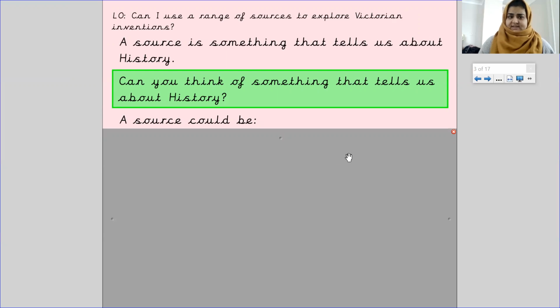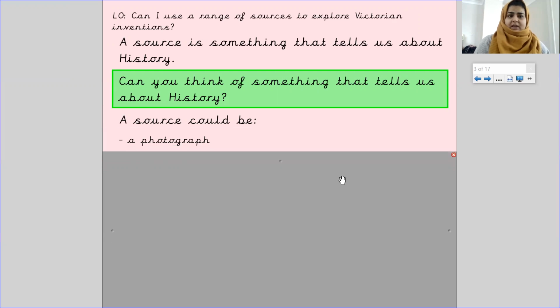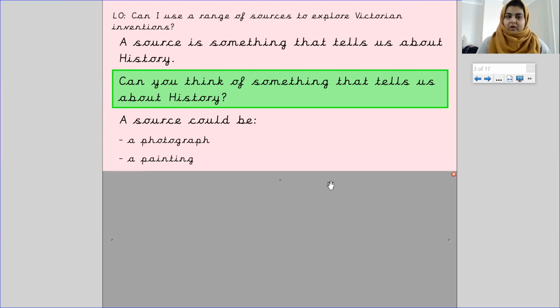A type of source could be a photograph. When you look at a photograph, it might tell you about history. For example, if you were to look at a picture of someone from the wartime, just with the way the picture looks or the uniform they're wearing or what kind of objects are around them, you would be able to tell that it is from history or what part of history.